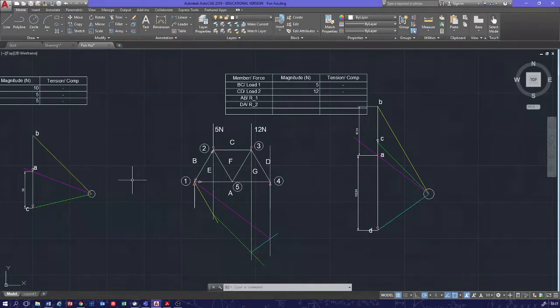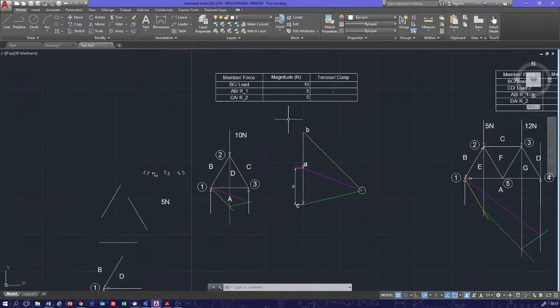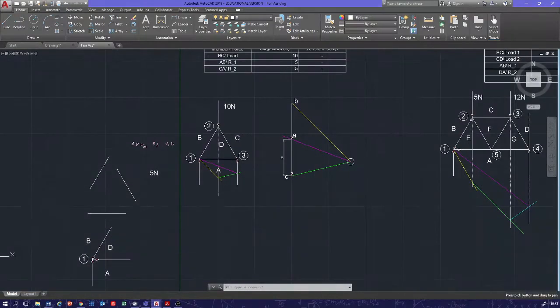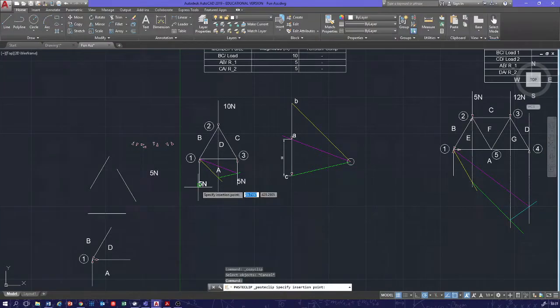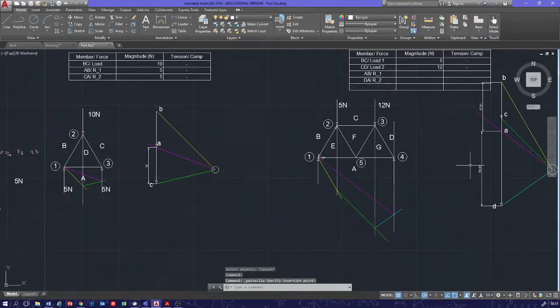So let's just label those up now. You can see I've already filled in the table here for that. So what do I need? I just need to copy some text down there. So we've got our 5 newtons there, and we've got our 5 newtons there. And what did we say here?